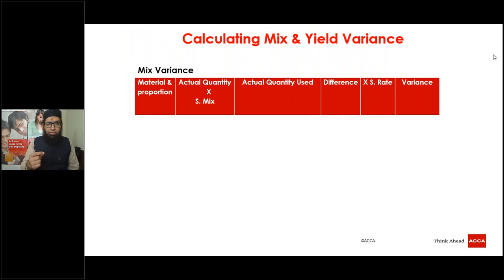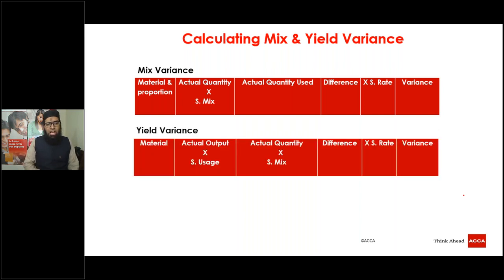I'm explaining this table with the example, and I will be doing this once again in the spreadsheet, in Excel. What is mix and yield variance? I will tell you with the example. To calculate the yield variance, I will prepare this table. So please note these headings.